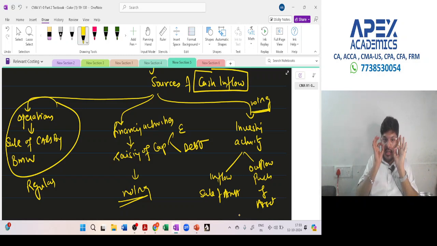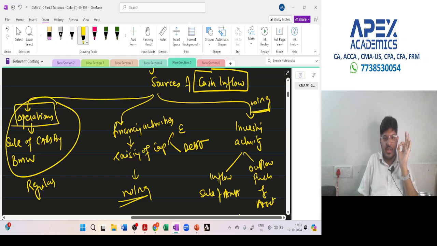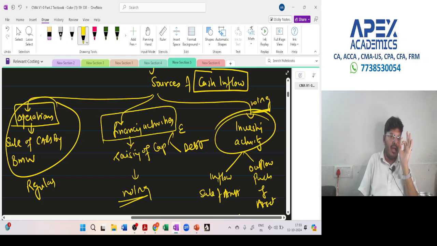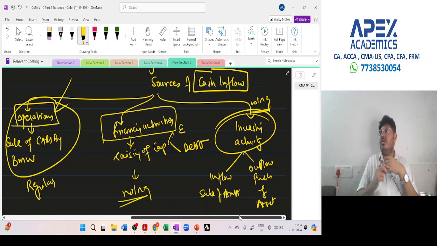Operations. In these three sources that you can see on the screen in front of you, that is operations, finance, and investing. The true value of a business is because of its operations. I buy a company, I invest in a company because I see some value in its operations. People always say that Ratan Tata made the right decisions. Ratan Tata purchased the right kind of companies when he came to power in the Tata Group in 1993.